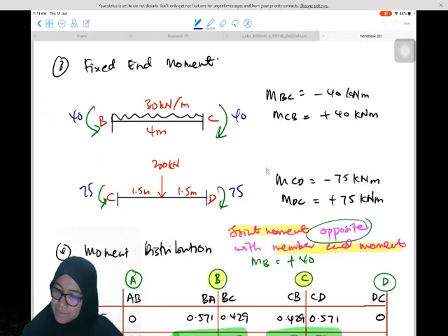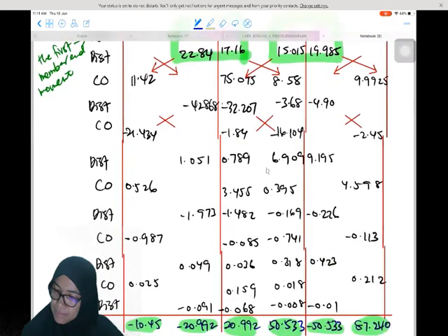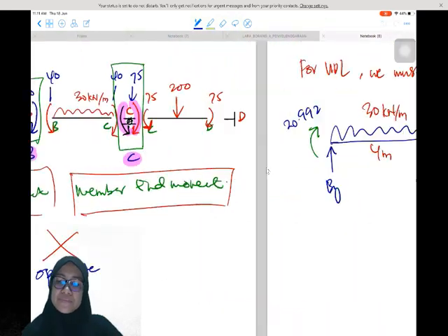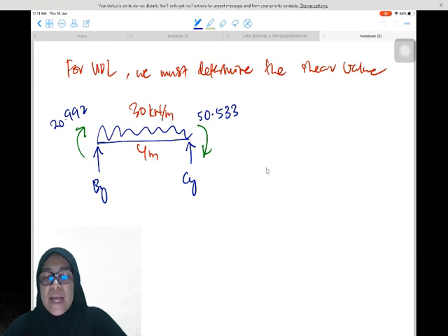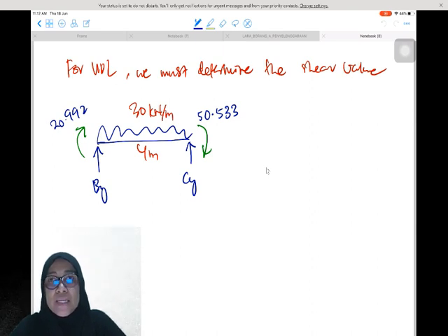Am I right? This step is because we are going to determine whether the beam has maximum moment or not.